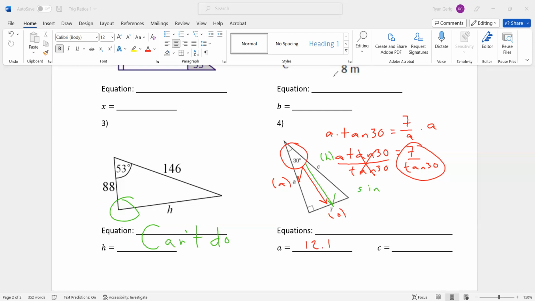So sine of 30 equals 7 over C. Multiply by C. I get C sine 30 equals 7. Divide by the sine of 30. And whatever 7 divided by the sine of 30 is my answer. So 7 divided by sine of 30, I get 14 exactly.